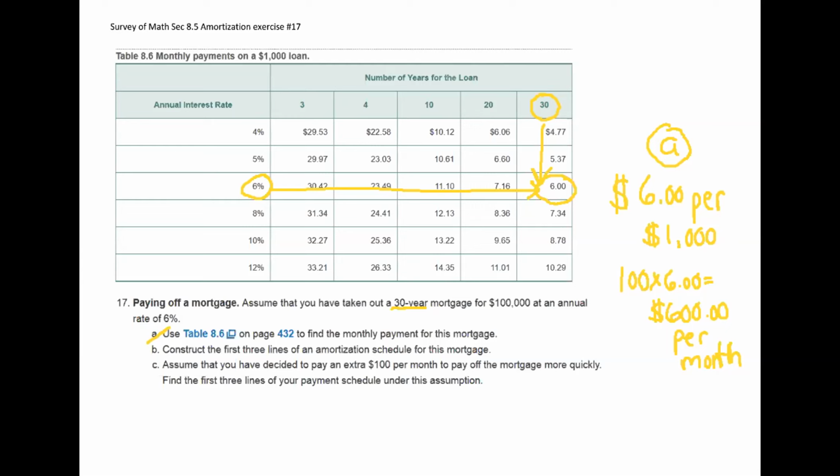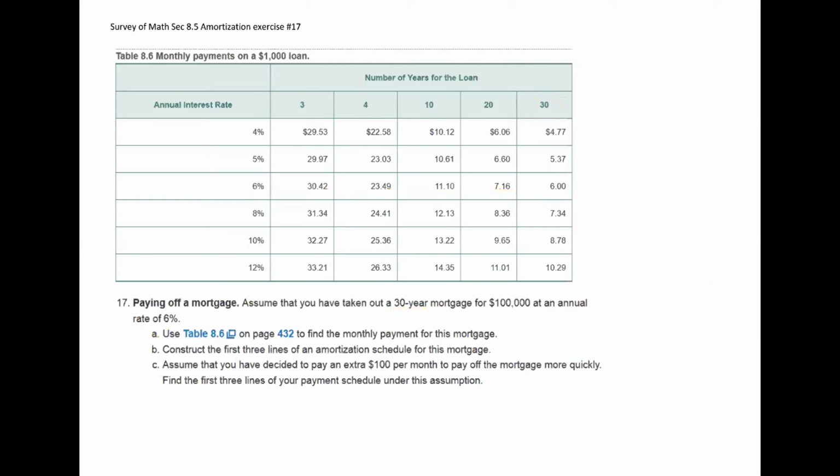Part B reads, construct the first 3 lines of an amortization schedule for this mortgage. Okay, so we have a payment of $600, and now they want us to make a table, right?